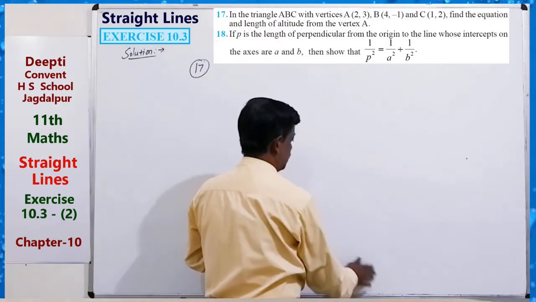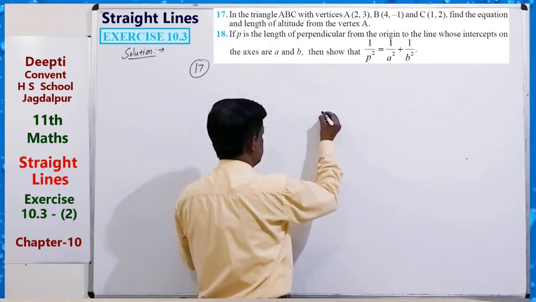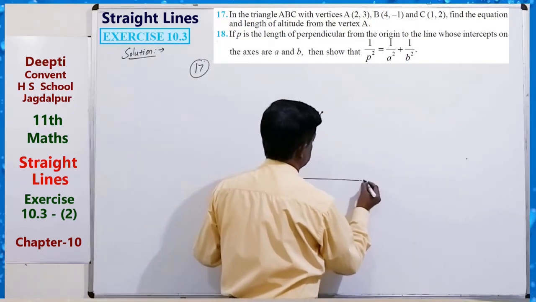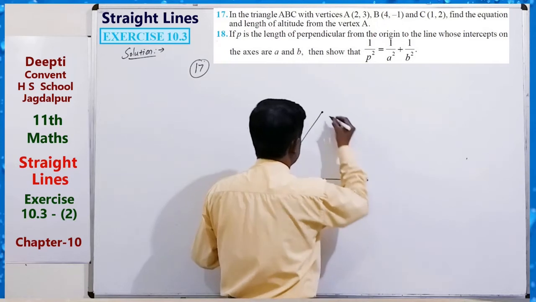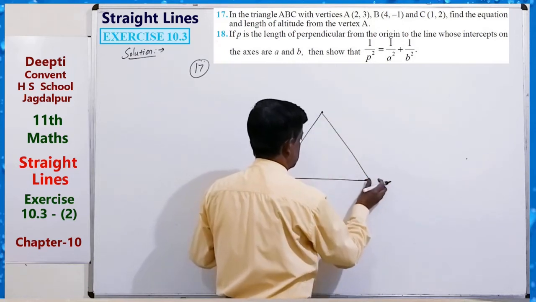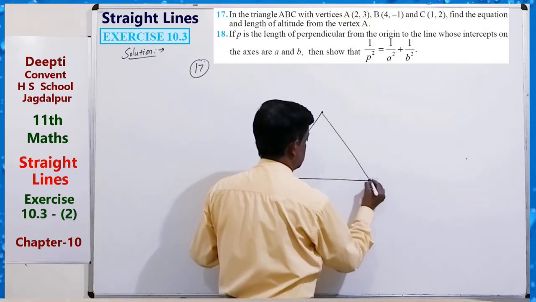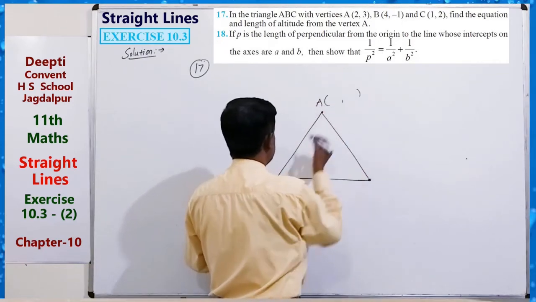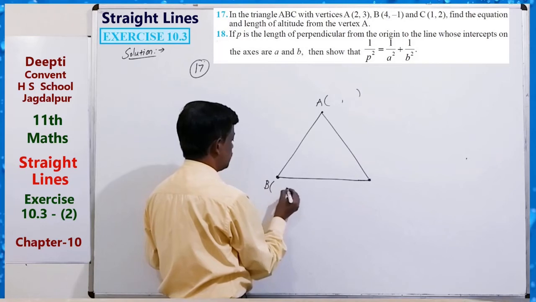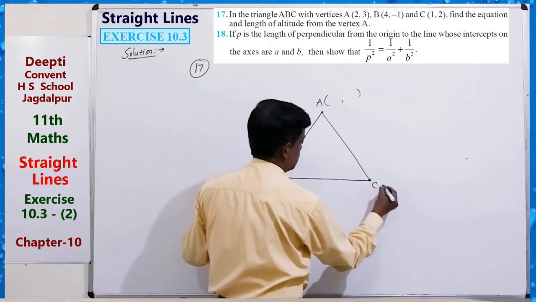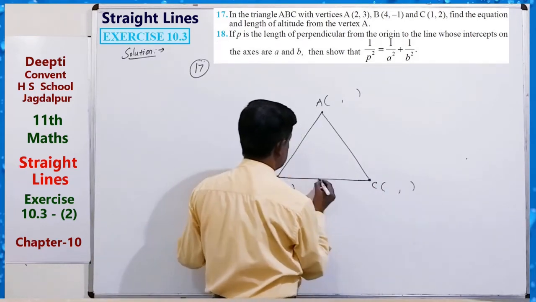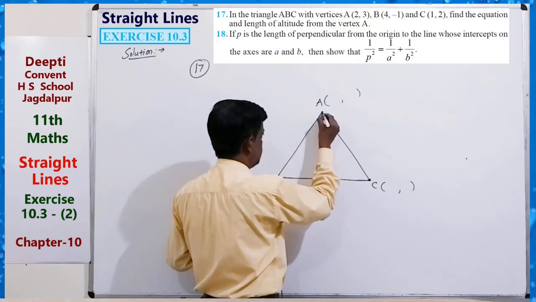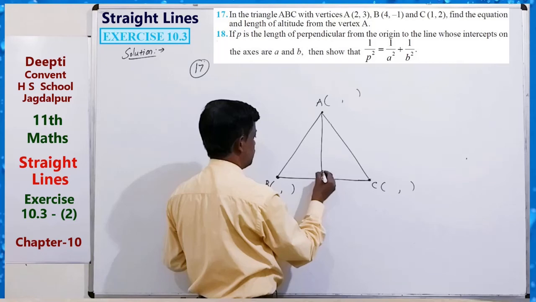Now, points are given like this. Suppose this is point A, this is point B, this is point C. Okay, this is A, coordinate given, this is B, coordinate given, this is C, coordinate given, and this is the altitude, which means perpendicular.